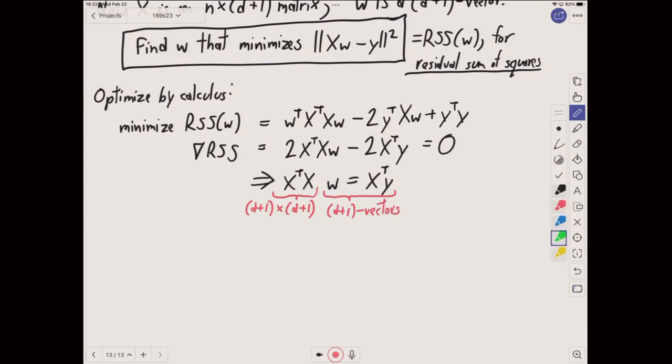And thirdly, we know the value of x, that's part of our input. We know the value of y, that's part of our input. We are trying to solve for W. And so, with that in mind, it should be clear this is a linear system of equations that we want to solve for W. This system of equations has a name. They're called the normal equations.